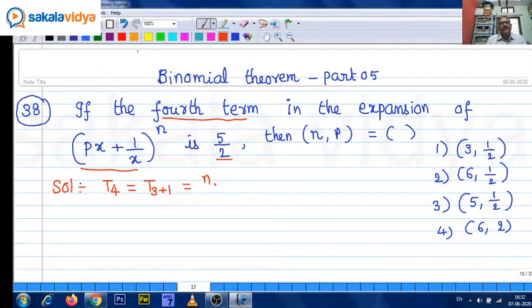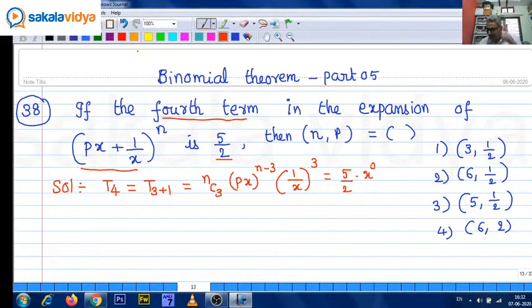This we can write as nC3 (px)^(n-3) into (1/x)^3 equal to the given 5/2. This we can write as 5/2 times x^0, because x^0 is 1 itself only.